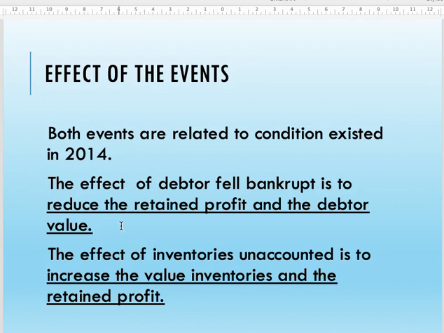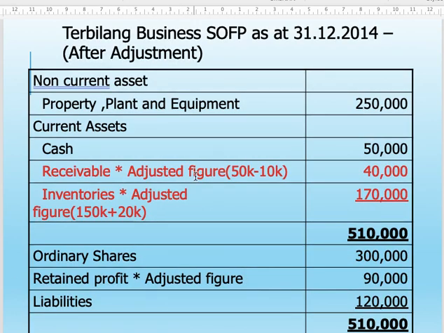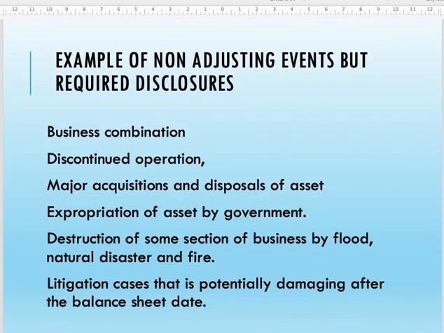So you have to reduce your account receivable, and you also have to increase your inventory. So this is after the adjustment, right? You reduce your trade receivable and show it as bad debts, and then your inventories, you have to increase them, right?